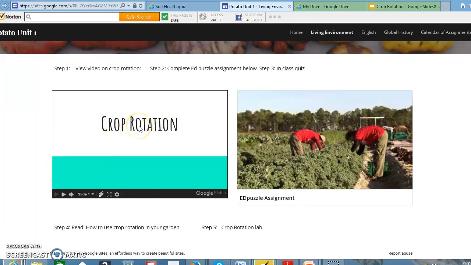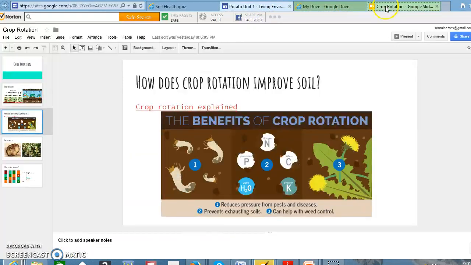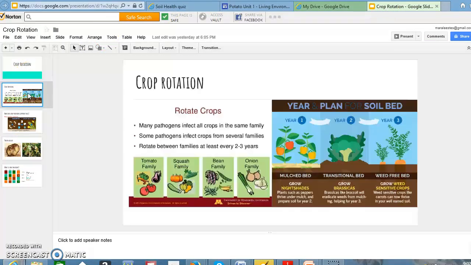So first I'm going to start by showing you a few images on crop rotation explaining what it means. So here we go. Okay. So the first images we have show that vegetables belong to different families.